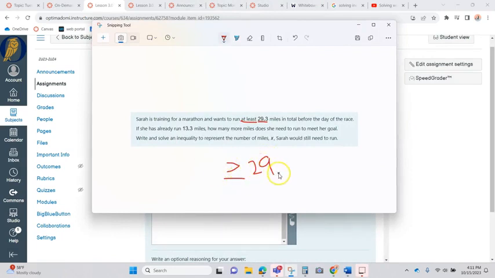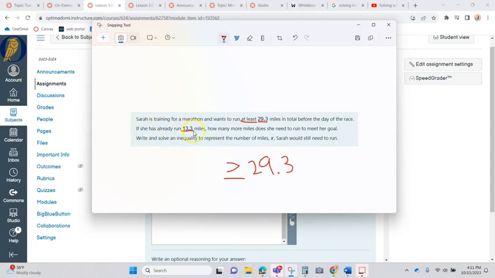So 29.3 at least means any number bigger than 29.3 or the number 29.3. If you run 29.3 miles, that is at least 29.3 miles. That's the bare minimum. If I run 30 miles, that's also at least. So any number bigger than 29.3. So the alligator mouth is facing away from 29.3.